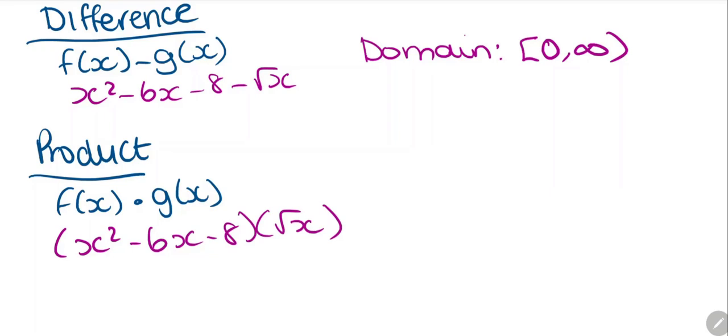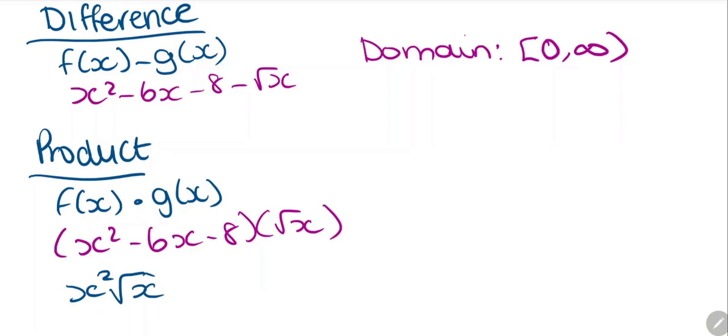So we need to multiply all our terms. If we multiply first terms, we're going to have x squared root x.